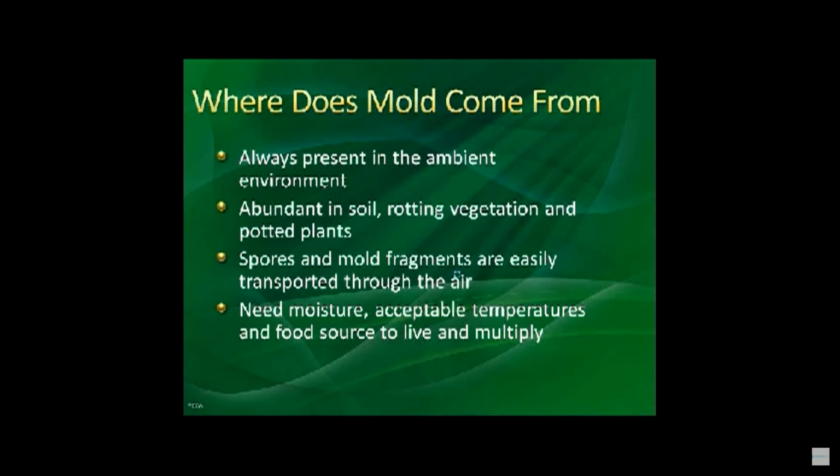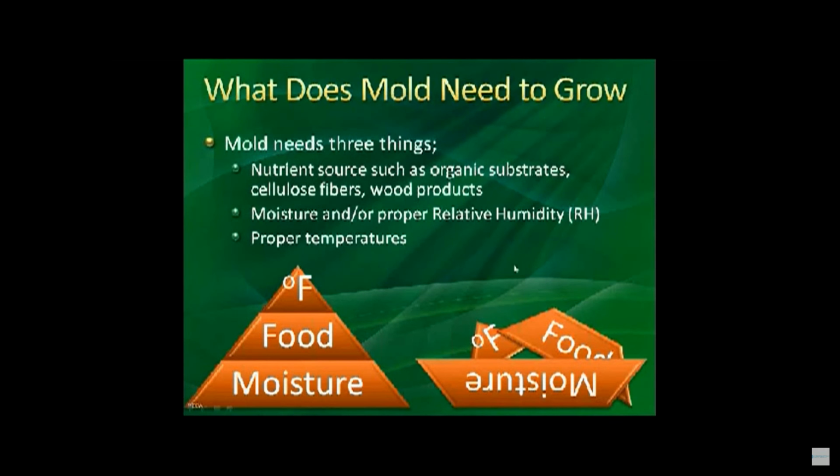Mold needs 3 things. It needs to have a good temperature, a proper moisture or ambient moisture, and a food source. If you take any of those away, the pyramid will collapse.